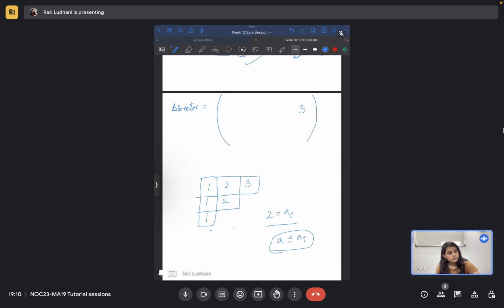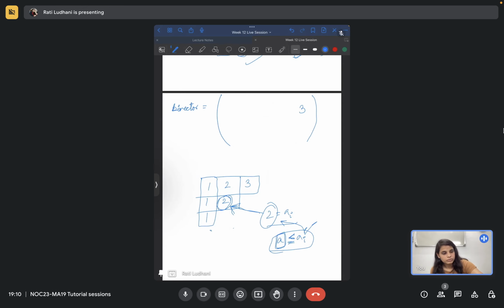Now AI is your 2. Equality is there, so we must have bumped 2 out and inserted 2 at that place, because we allow A to be equal to AI also.